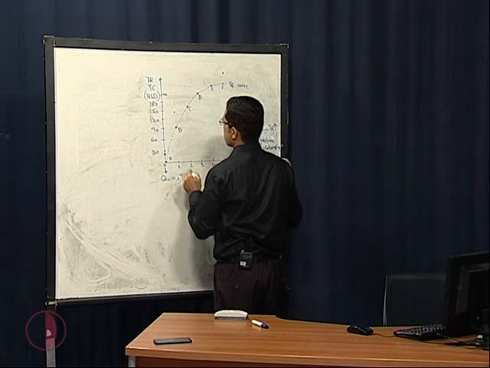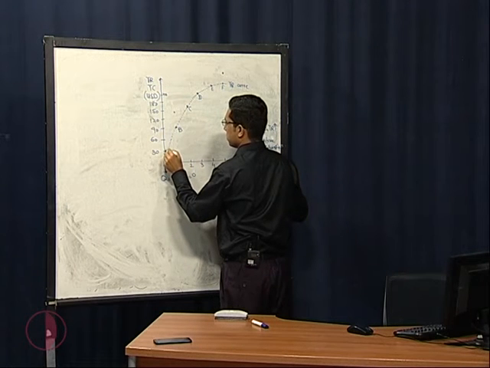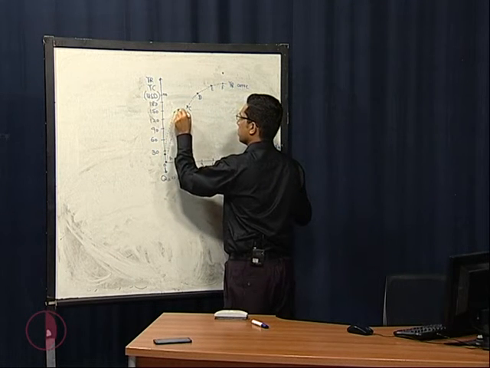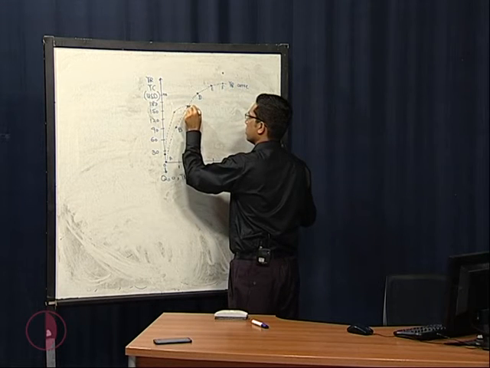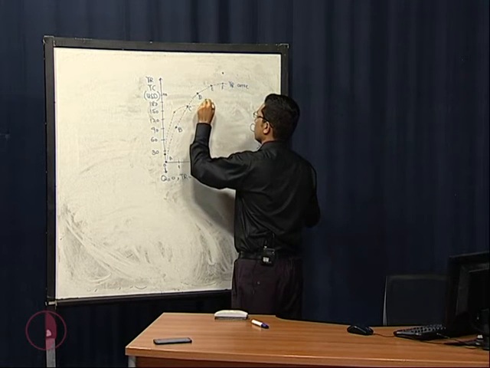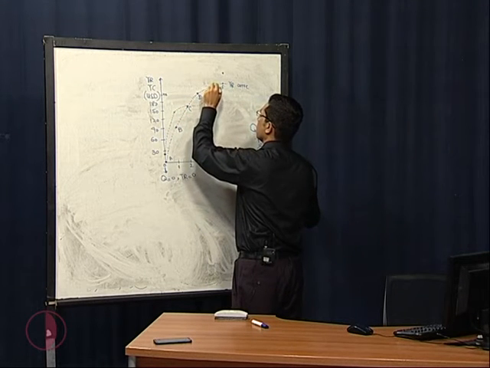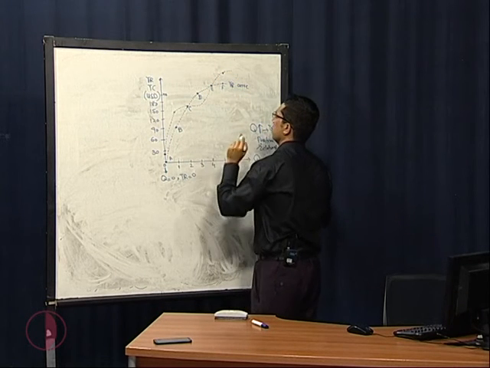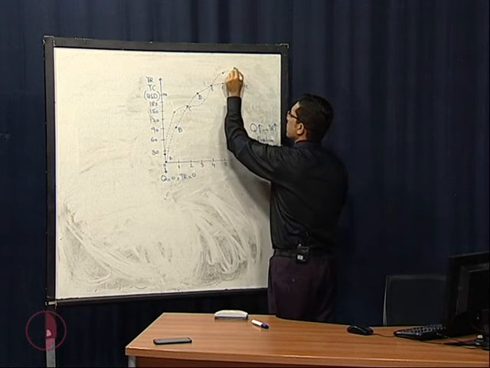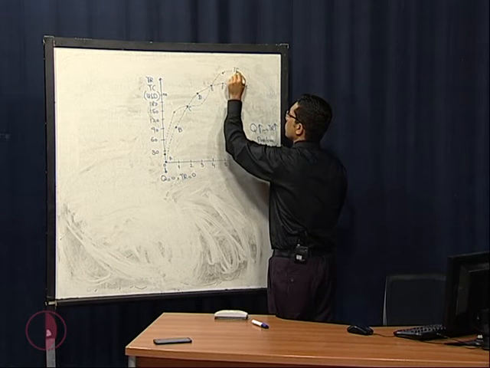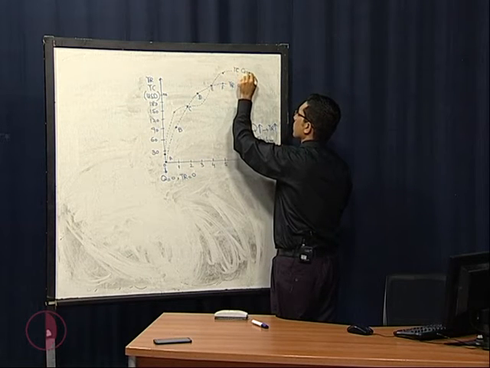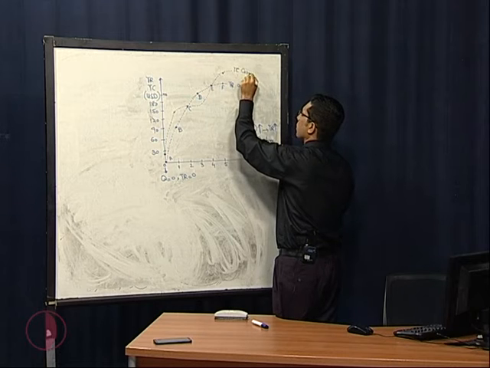This is 160. This is called the total cost curve.